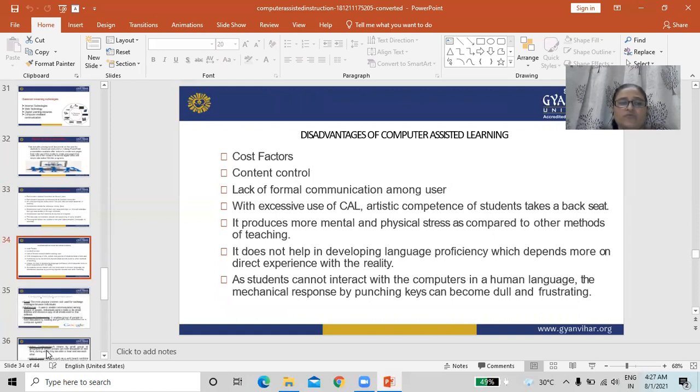Disadvantages of computer assisted learning. Cost factor: it is very expensive, and it is not possible for every student to bear this type of expense.